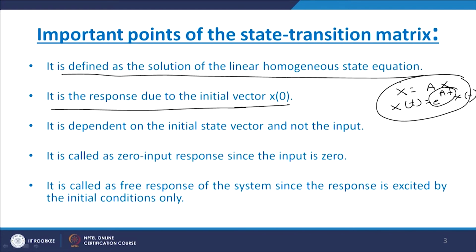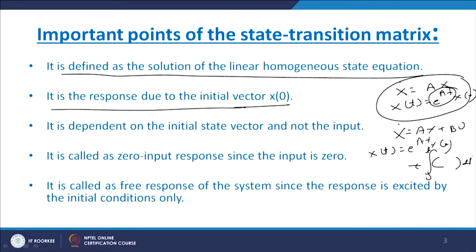But if you consider a forced system like this, x dot equals to Ax plus Bu, here we will get x of t equal to e raised to a t x naught plus the integral from 0 to t of e raised to a (t minus tau) B u of tau d tau.